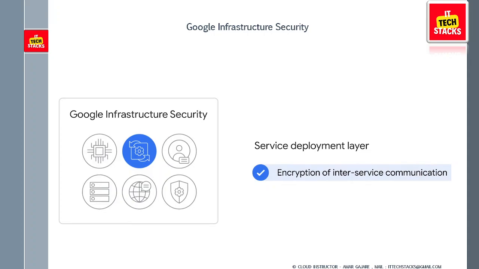Google services communicate with each other using RPC, remote procedure call, which automatically encrypts all the infrastructure RPC traffic that goes between data centers. Encryption here is important. Google has statically deployed hardware cryptographic accelerators that allow this default encryption across the infrastructure.